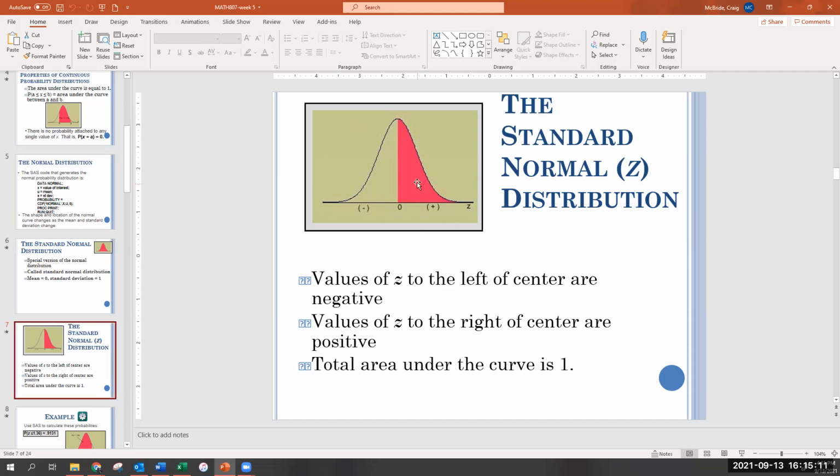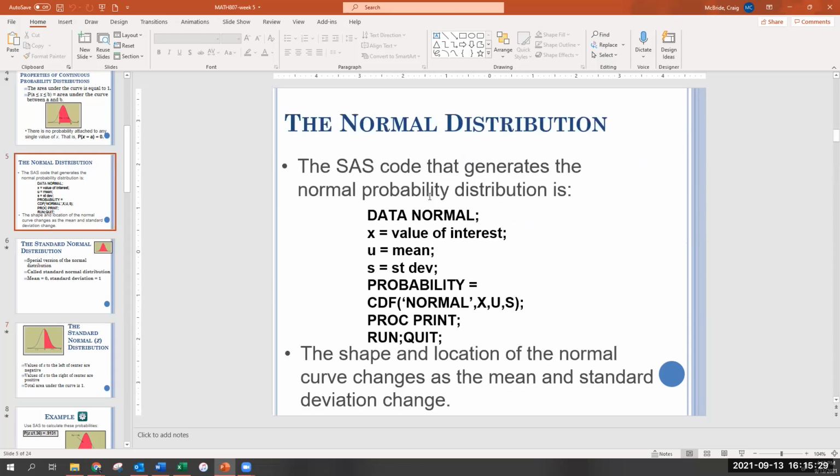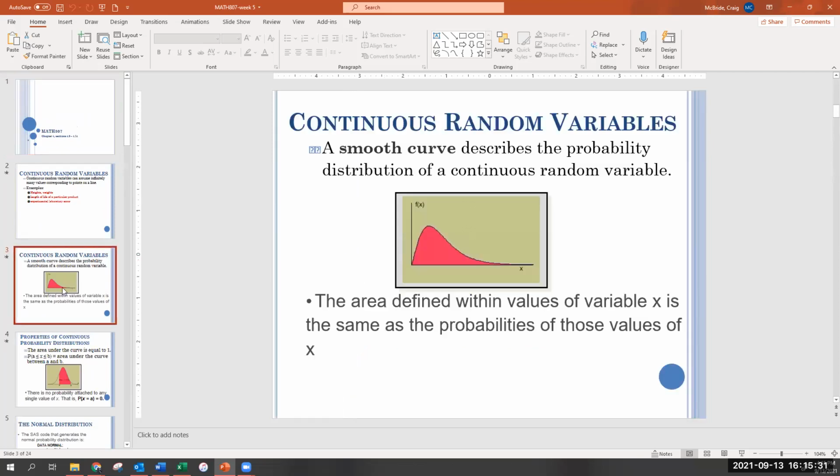Something that I've mentioned before, but we'll mention it here again. The total area under any normal curve, not just the standard normal curve, but any normal curve, and really technically the area under any continuous probability distribution, so even that first example that we saw that was nice and skewed, as long as that is a continuous probability distribution, then the area under that curve has to equal 1, because remember, the area under the curve represents probability.